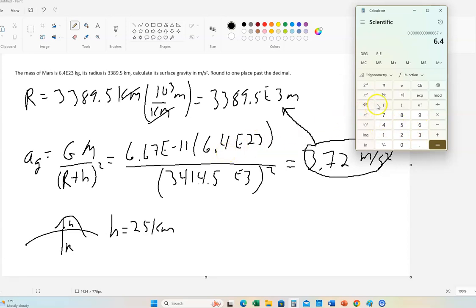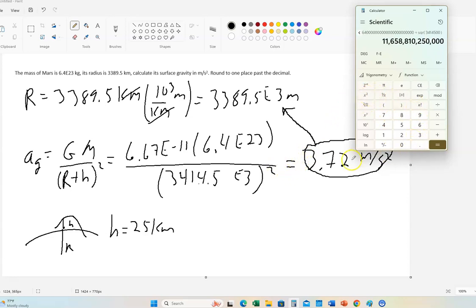Oh, I should have done this part and stored it. 6.4 times 10 to the 23rd, and then divided by the new height, the height at the top of Olympus Mons, which is going to be 3414.5 times 10 to the third. Then of course you got to square that. We still have to square it.